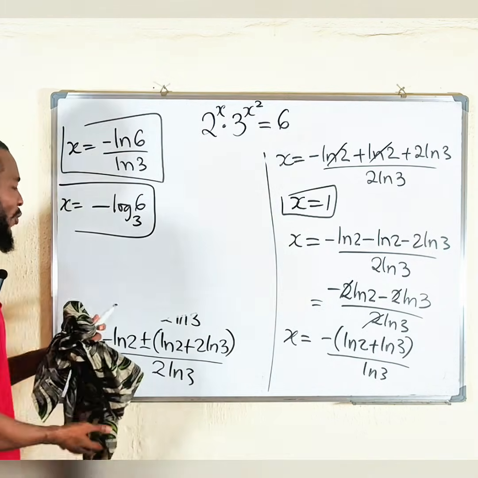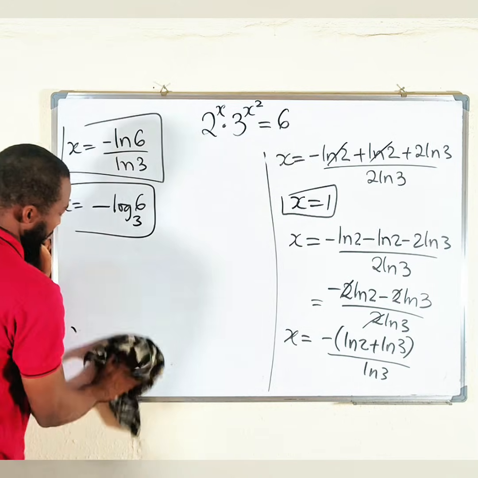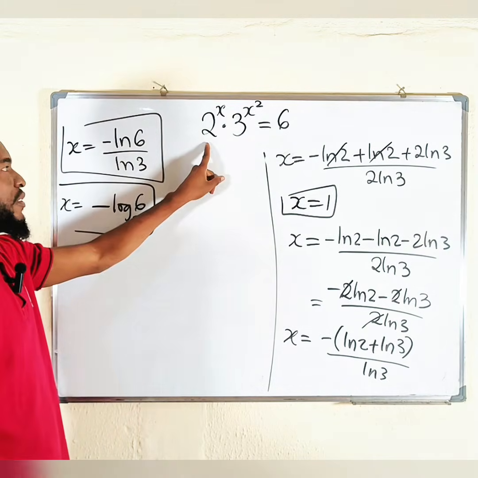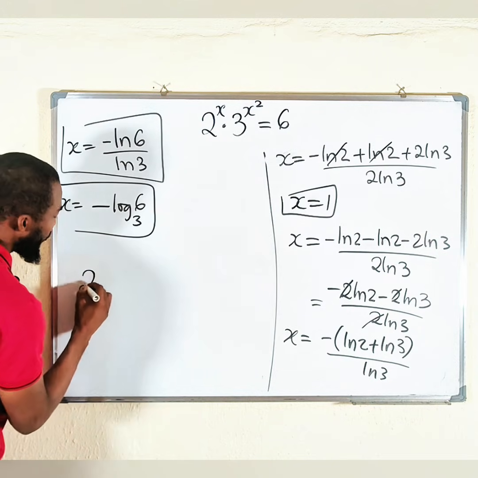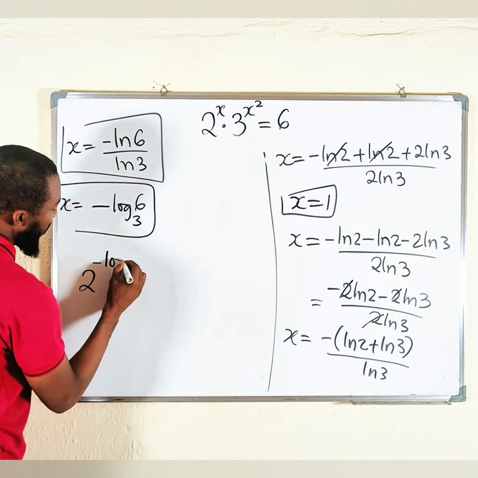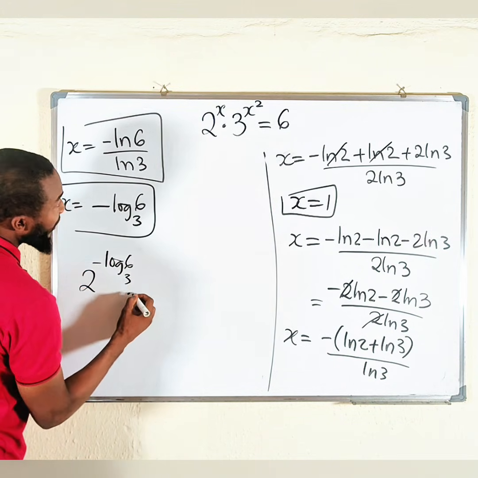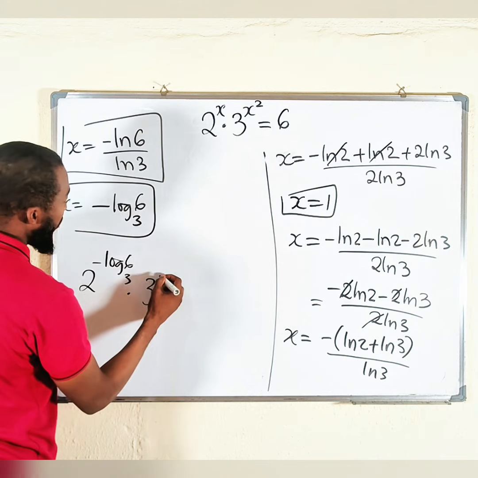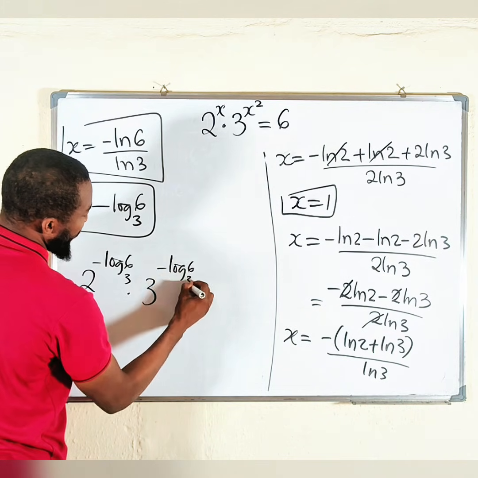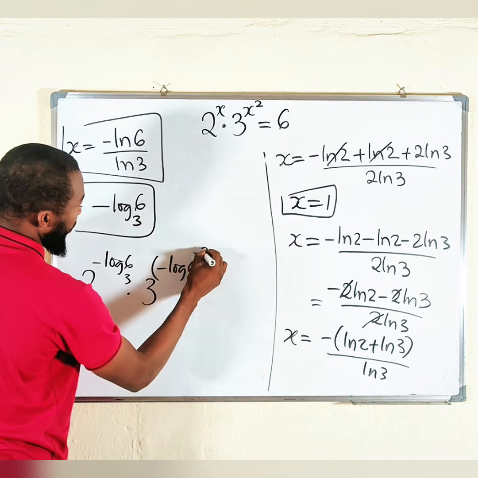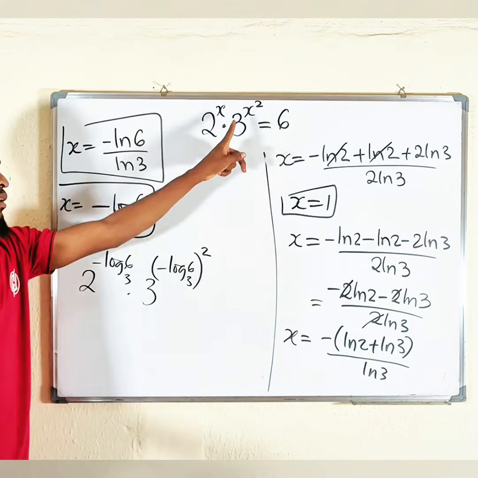Let's confirm whether this second one is a valid solution. This is 2 to the power of x, meaning 2 to the power of this. 2 to the power of negative log of 6 base 3 multiplied by 3 to the power of negative log of 6 base 3 but raised to the power of 2, because this is x squared.